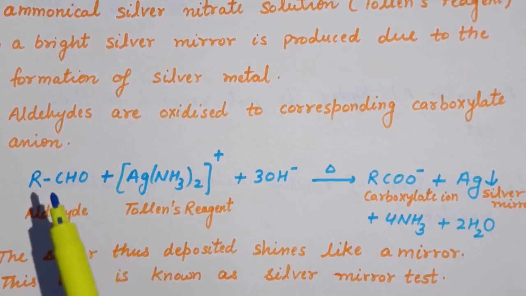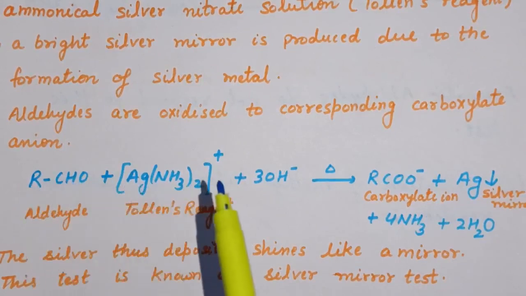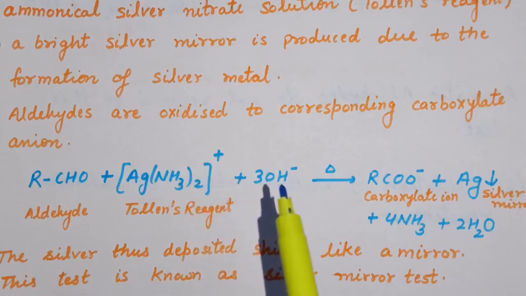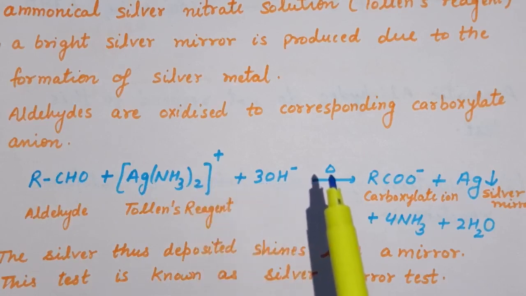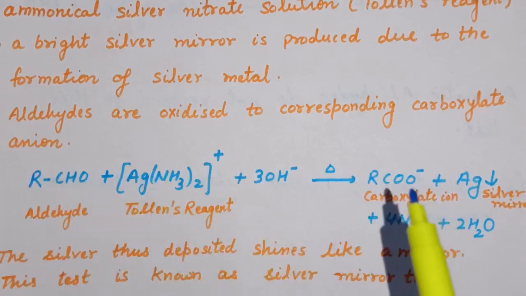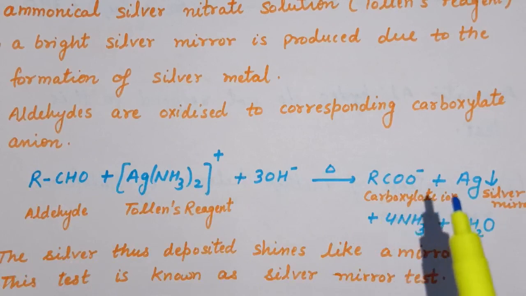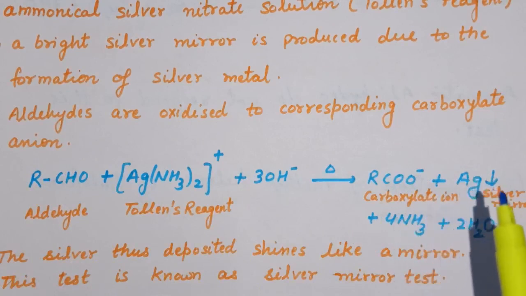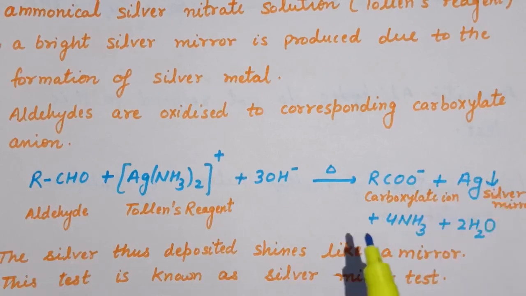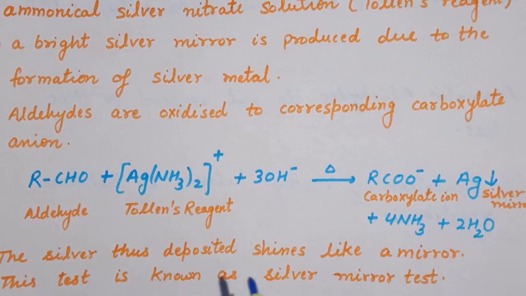So here is the reaction of aldehyde, that is RCHO, with Tollens reagent in presence of basic medium. On heating, the CHO converts to COO negative, that is aldehyde converts to carboxylate ion, and silver is deposited which shines like a mirror, and this test is known as silver mirror test.